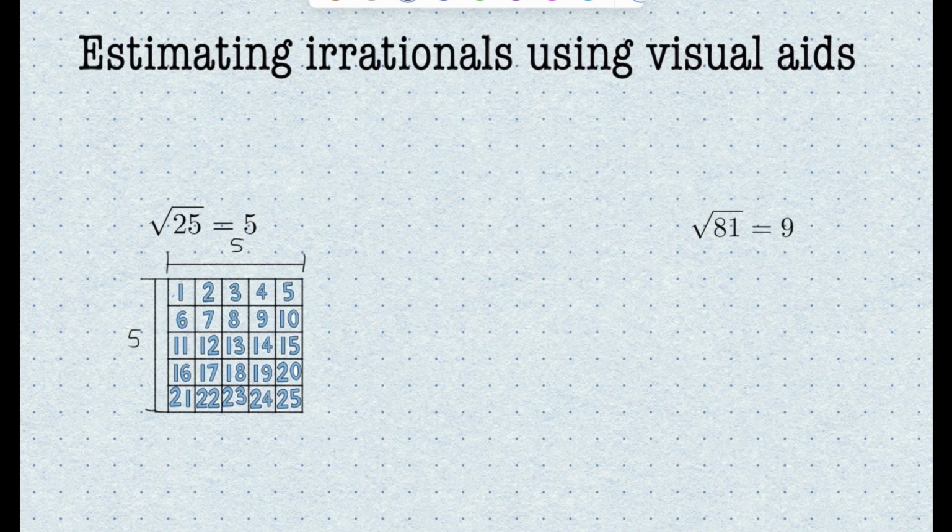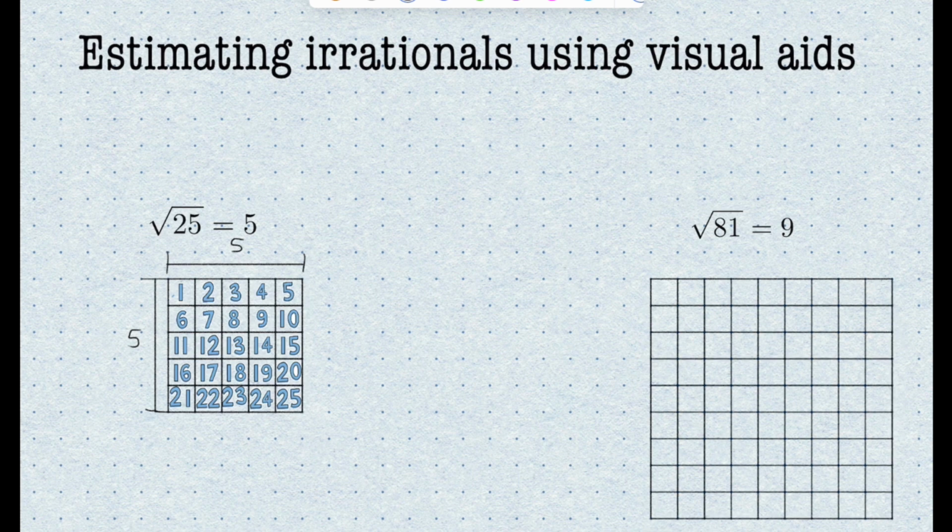We see the same thing is true for the square root of 81. If you make a box that is 9 by 9, you will get 81 squares. And we're not going to count these out for now, but if you do, you'll see that there are 81 squares.